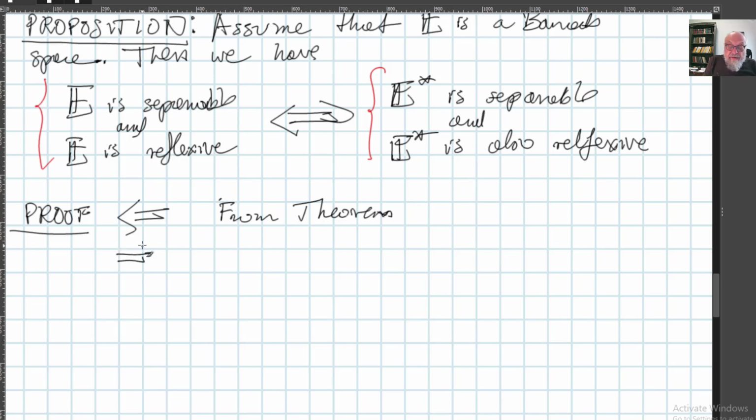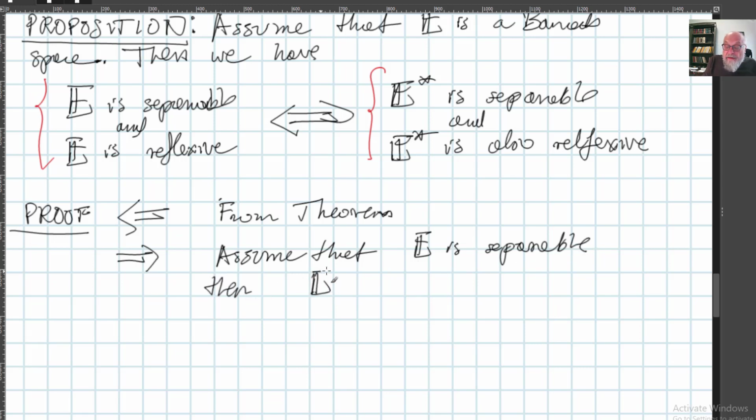From the theorem, and remember E is separable, E is reflexive if and only if E star is reflexive. So in order to prove this, assume that E is separable.